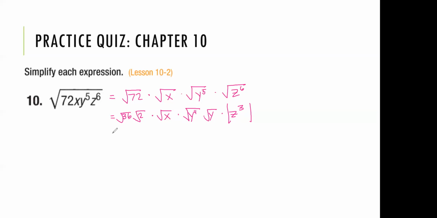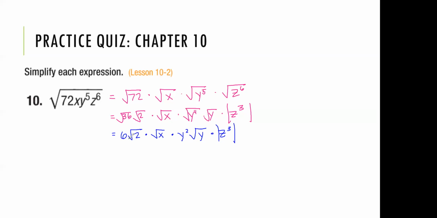So the square root of 36 is 6 times the square root of 2. We're still going to multiply times the square root of x. Then the square root of y to the 4th is y squared, because y squared times y squared is y to the 4th. We still have to multiply by radical y, and by the absolute value of z cubed.